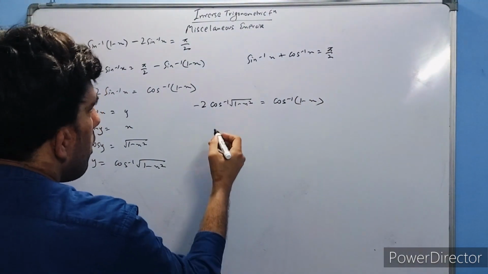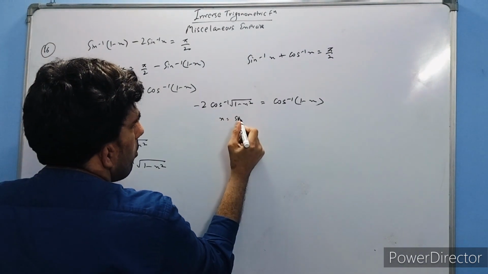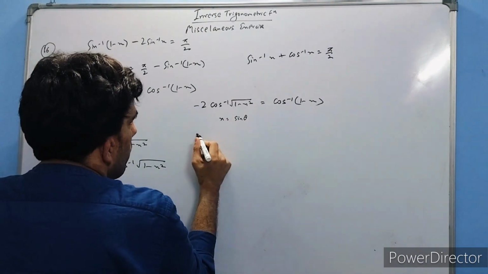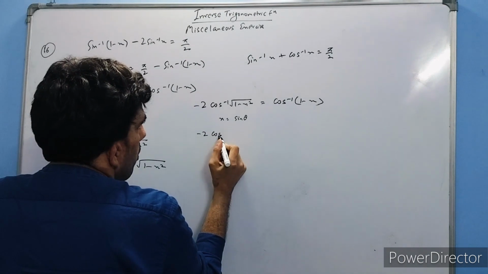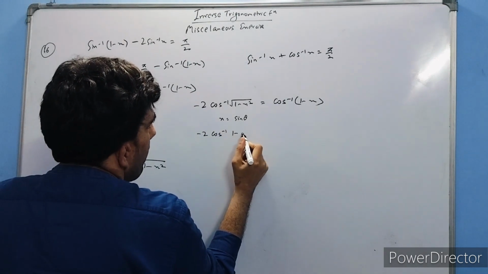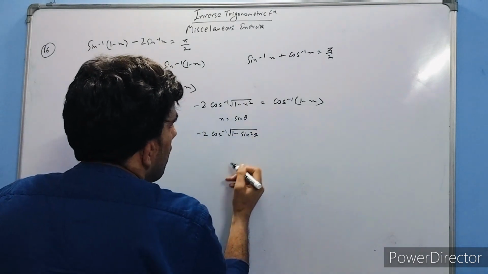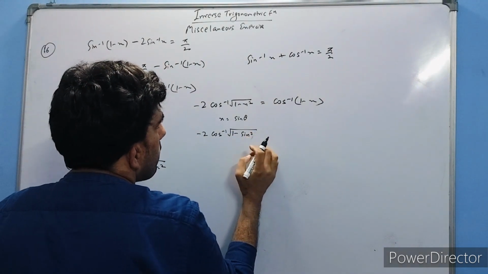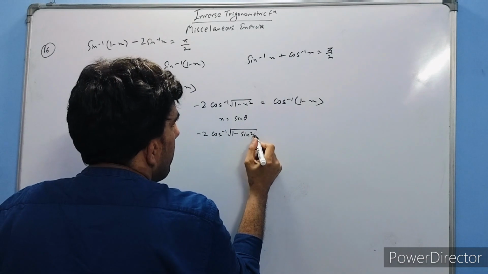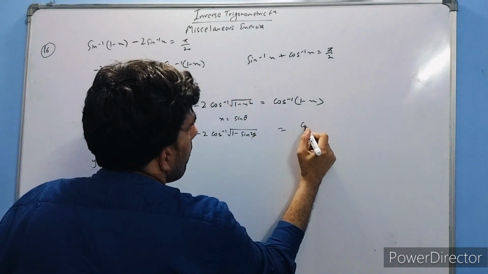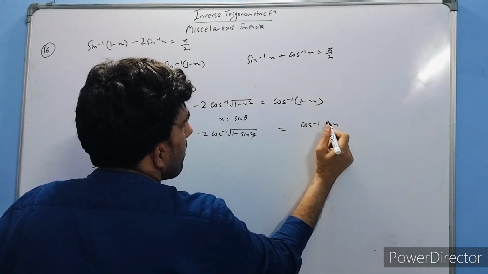Now we can put x is equal to sin theta, so that we have minus 2 cos inverse 1 minus sin square theta. Since x is equal to sin theta, here we have cos inverse 1 minus x.